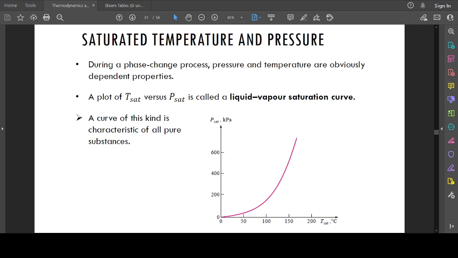And if we plot a saturation temperature versus saturation pressure curve for a liquid vapor saturation curve, then we will have something like this. As you can see, as the temperature increases, the pressure increases on the y-axis, and so does the saturation temperature.